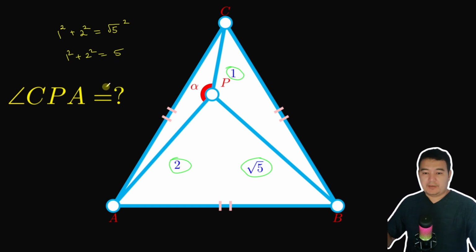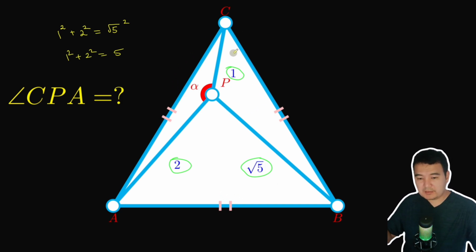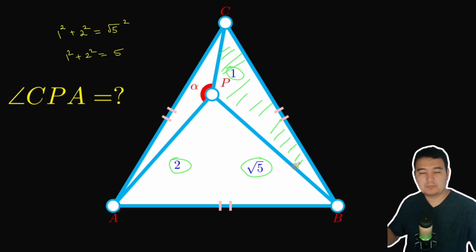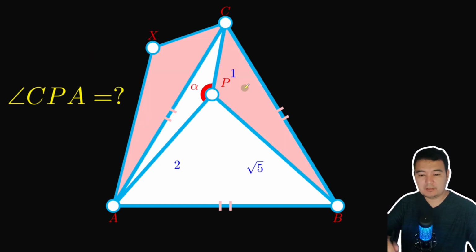So I need that triangle. I'm going to build that triangle somewhere around this figure. In order to build this triangle, let me take this triangle BPC, one of these three triangles, and copy that triangle here.